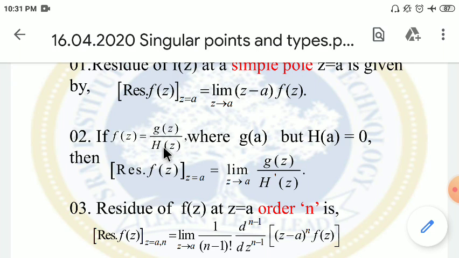Some g of z by some h of z, where g of a is not equal to 0, because when you substitute z equal to a the denominator is equal to 0, that is the pole, but the numerator is not equal to 0. Now the residue of this f of z at the pole z equal to a is equal to limit z tends to a of g of z, so there is no change in the numerator, but the denominator we differentiate one time with respect to z, so h dash of z. Okay, this is the special case.